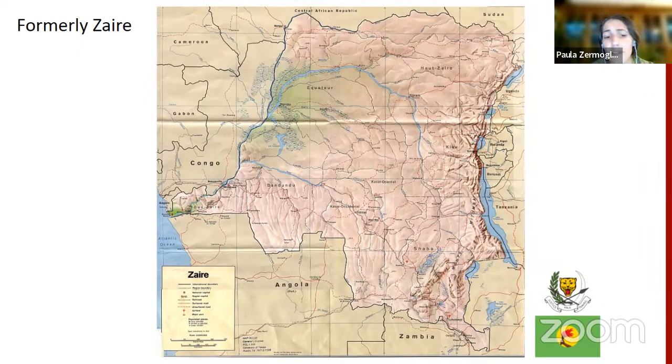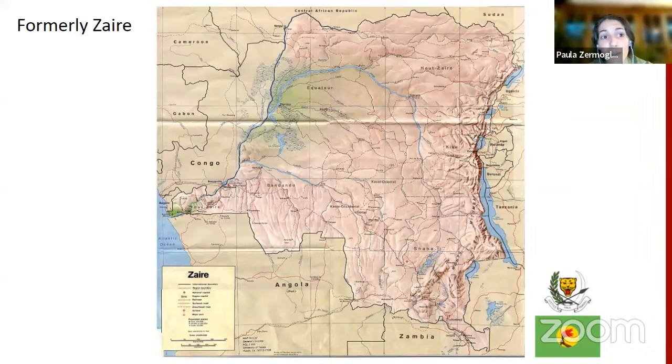And Zaire was actually the name of this country for a certain period of time that went from the mid-70s to 1997, when it changed to its current name, the Democratic Republic of Congo.